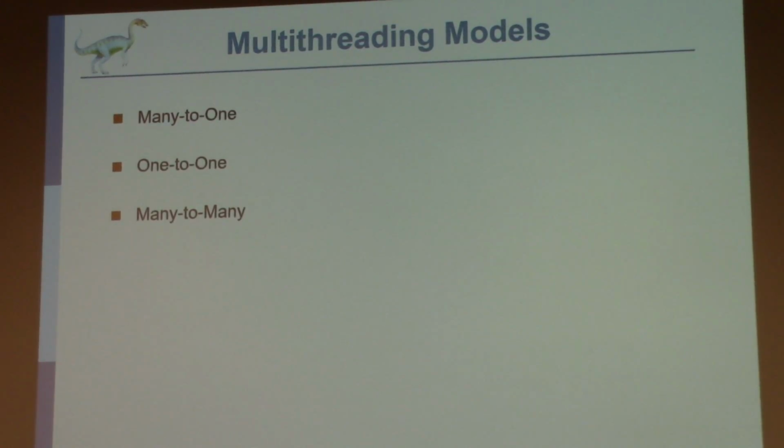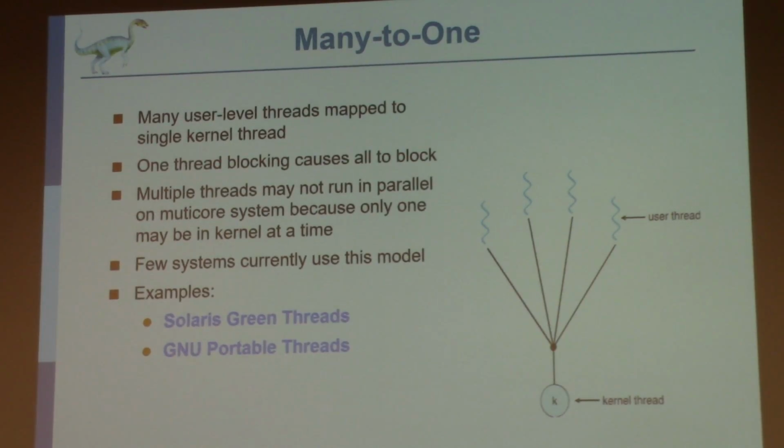Depending on how we allocate the number of threads between user mode and kernel mode, it is possible to have many user threads working through one kernel thread, many-to-one, or one-to-one, or many-to-many. This is many user threads but only one kernel thread. At that time it will obviously be a bottleneck, and also you need to schedule among the multiple user threads.